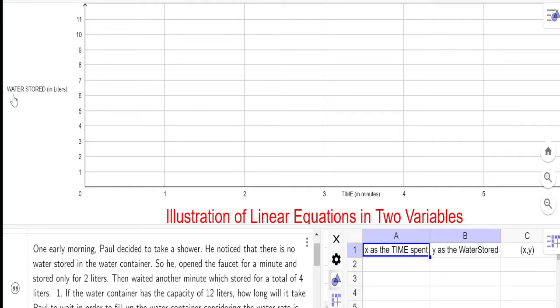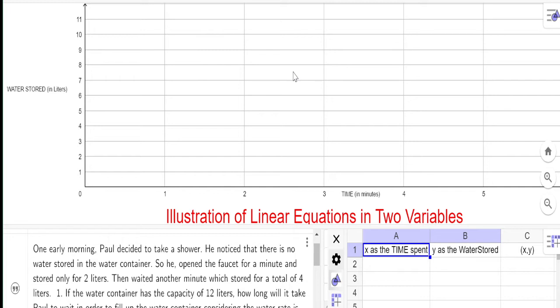The y-axis is labeled as water stored in liters, based on the situation written here, and the x-axis is time in minutes. Later on, you will see that this is a function. So the third one of illustrating linear equation in two variables is through graphical.